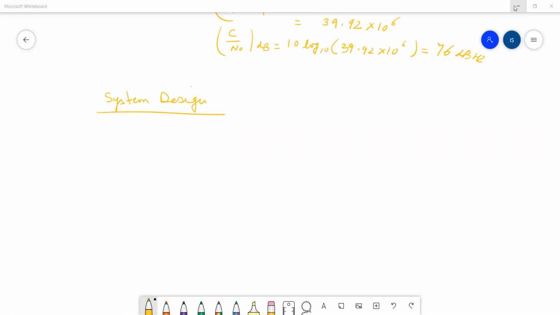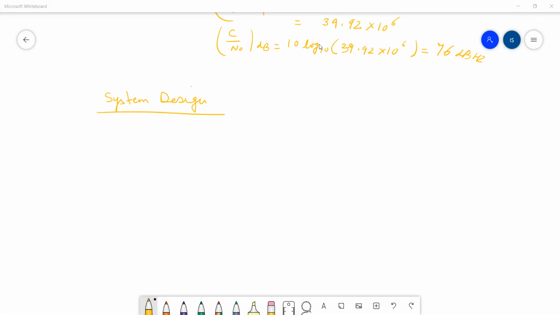Similarly, we can calculate for the downlink frequency. Suppose we are going to design a system that has the following specifications.